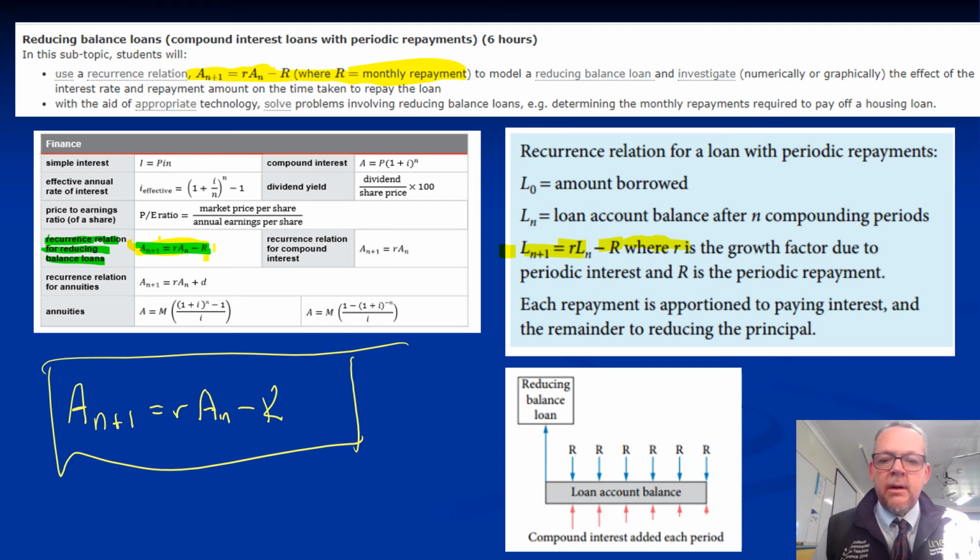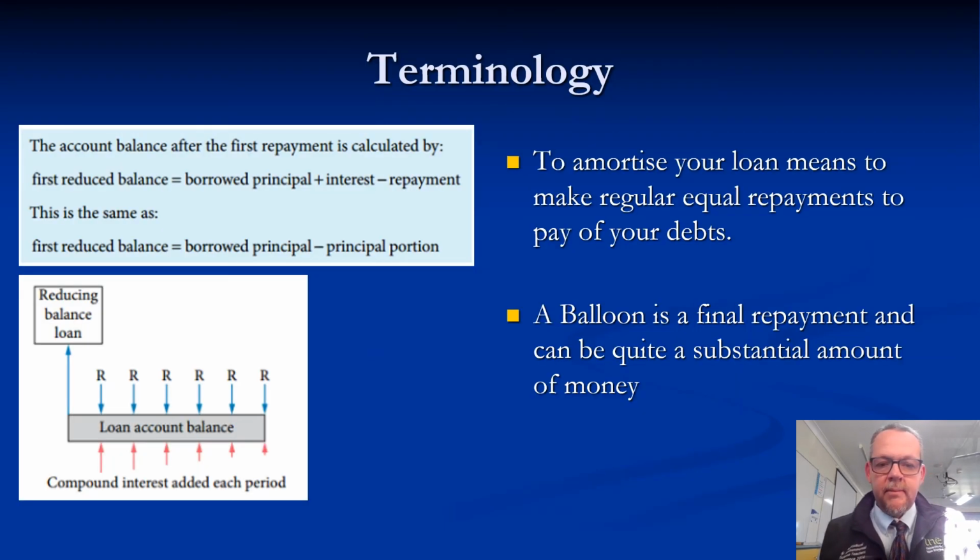The growth factor, which is R, is determined by the interest rate quoted, generally per annum, but you'll have to express it per compound period. It's multiplied by the outstanding balance, A sub N, and then minus the repayment, and that will give you the outstanding balance at the end of the next period.